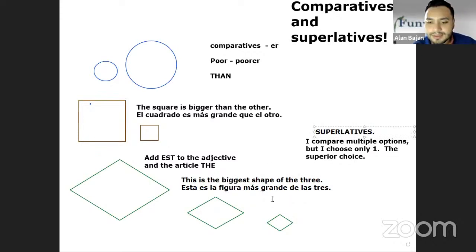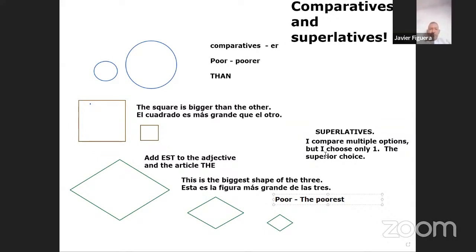The biggest. Poor, the poorest. What means poor, class? Pobre. The opposite of rich. The poorest.